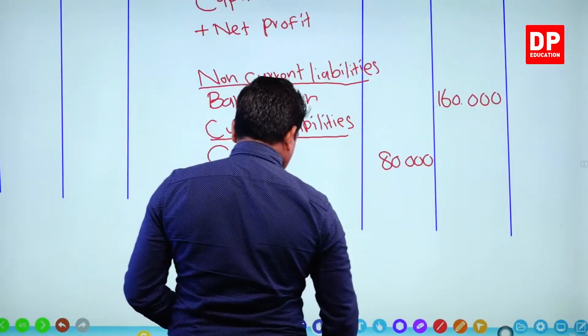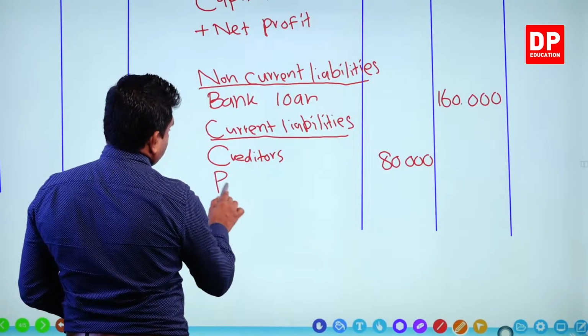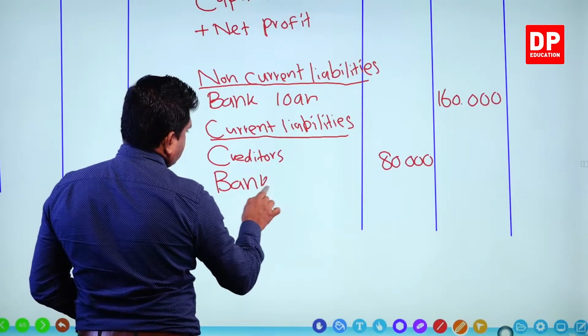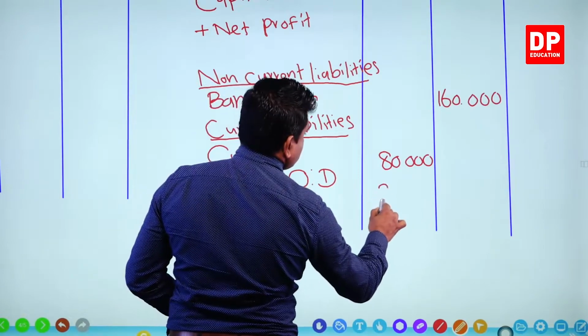Bank overdraft 20,000, OD overdraft 20,000.